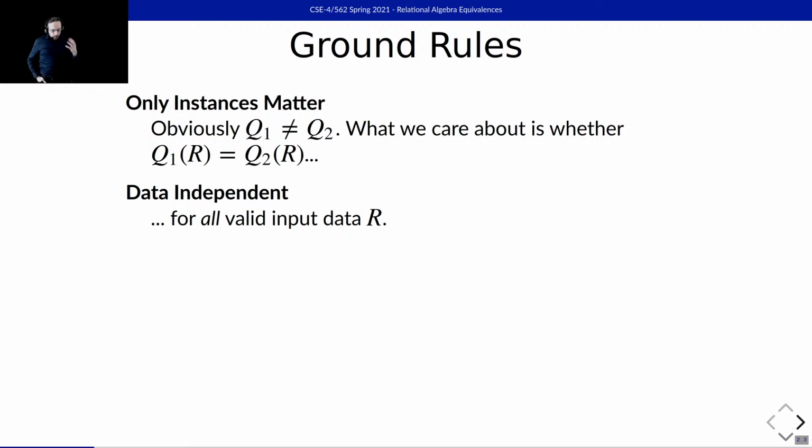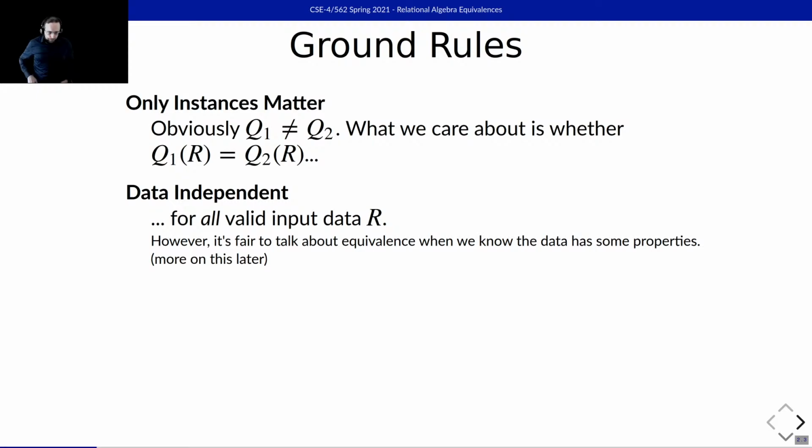More importantly, this should hold for any input I can produce. Given any input data that is valid for both queries, I want to prove to myself that they're always going to produce the same output.